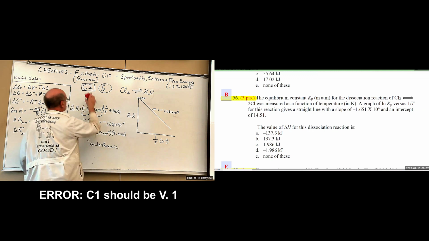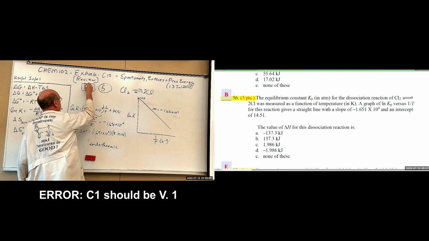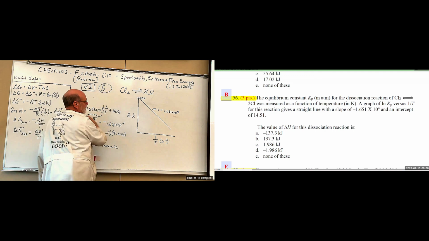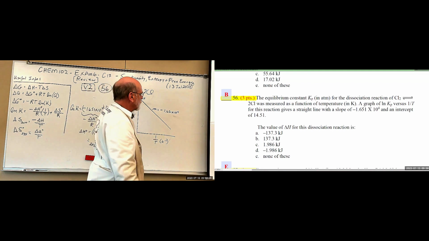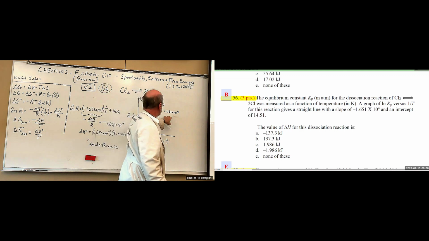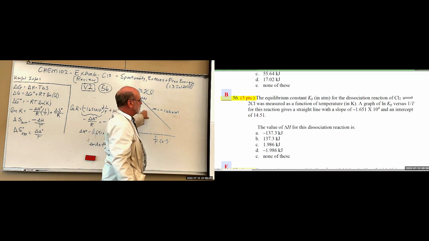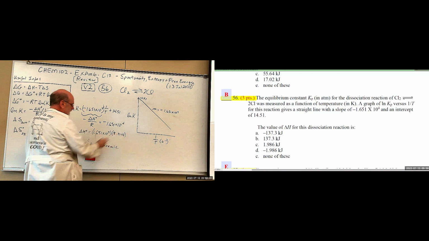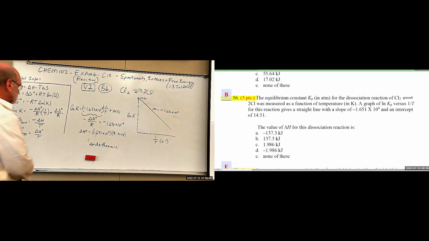That's not chapter, that should be version 2. Chapter 17, that's version 2, and this is 56. Okay, we're looking at the same reaction. We've got the same values here and there. The value of delta H for this dissociation. Okay, we just go ahead and complete this calculation and find out what the delta H is.